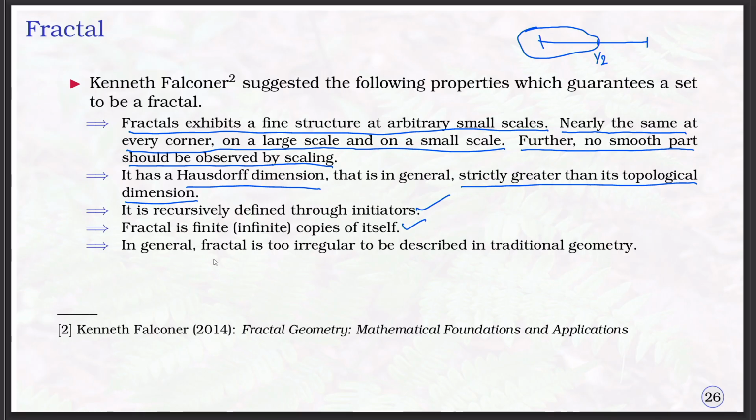In general, a fractal is too irregular to describe in traditional geometry. So, these properties guarantee that a set is a fractal. These properties are presented in the reference given here, Kenneth Falconer, Fractal Geometry: Mathematical Foundations and Applications, 2014 edition.